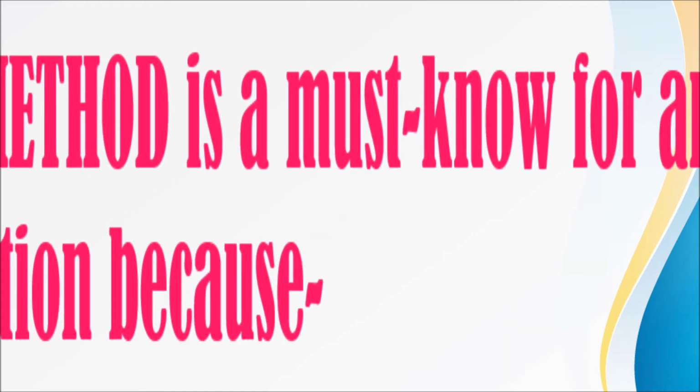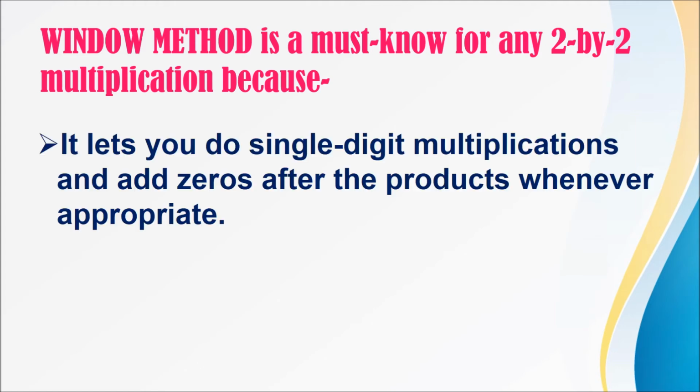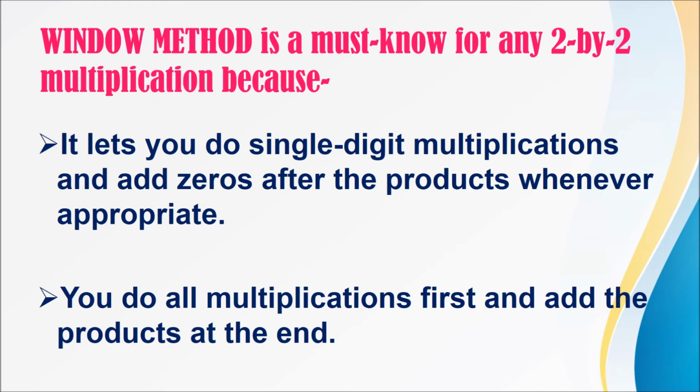You can say that this method is a must-know for any 2 by 2 multiplication because it lets you do single-digit multiplications and add zeros after the products whenever appropriate. And you do all multiplications first and add the products at the end.